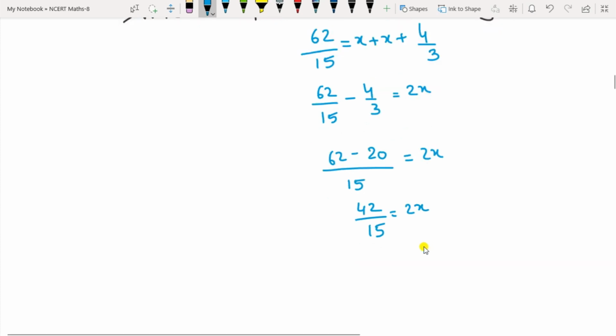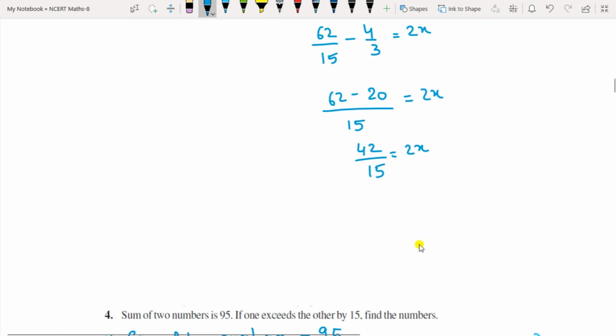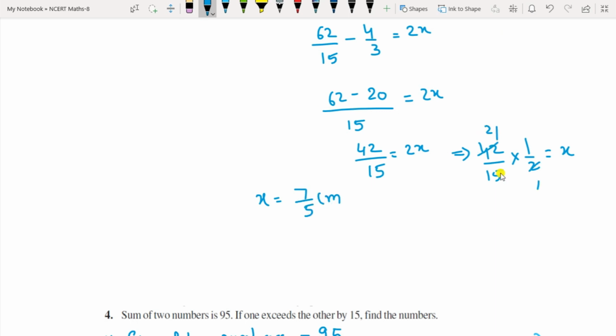Now the 2 will move to this side. It will become 42 upon 15 into 1 by 2 equal to x. On cancellation, 2 ones are 2, 2 ones are 3, 5 threes are 15, 3 sevens are 21, you will get x equal to 7 by 5 centimeters.